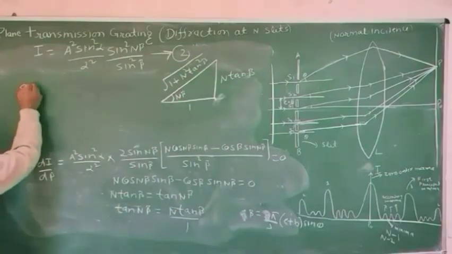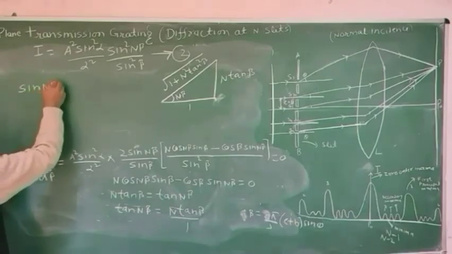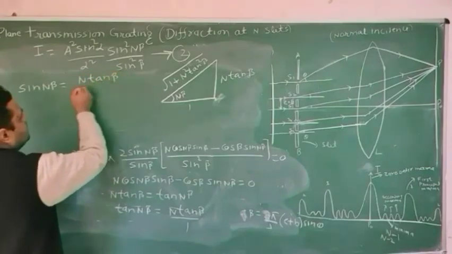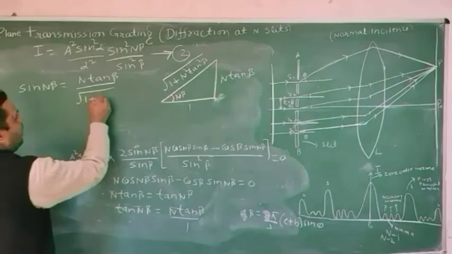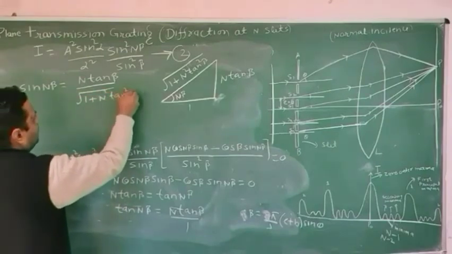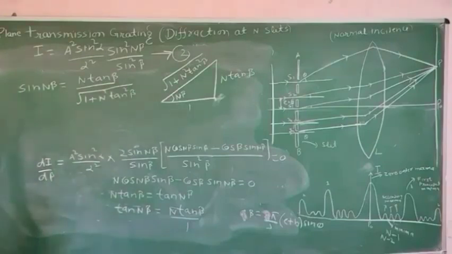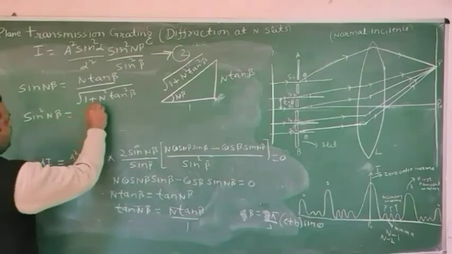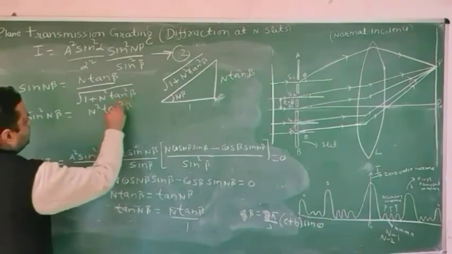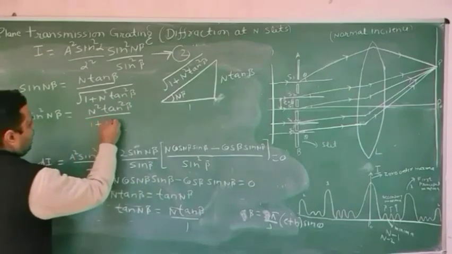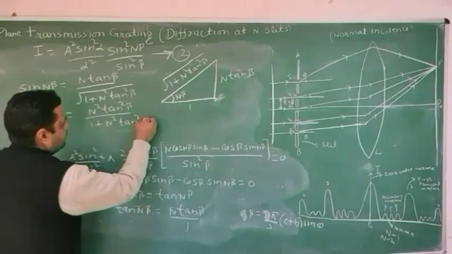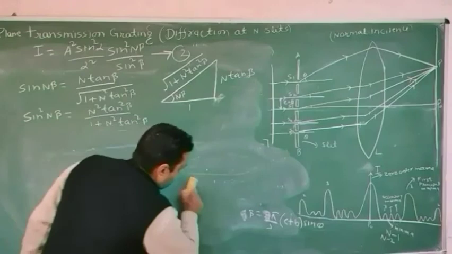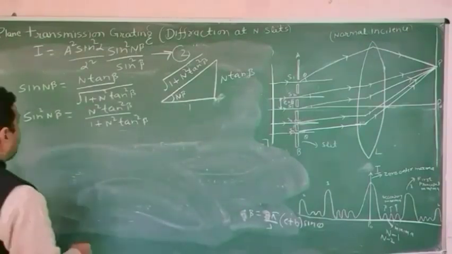Now we have to calculate sin nβ. So sin nβ is basically n tan β upon root of 1 plus n square tan square β. Understand? Now sin square nβ is n square tan square β upon 1 plus n square tan square β. Understand?